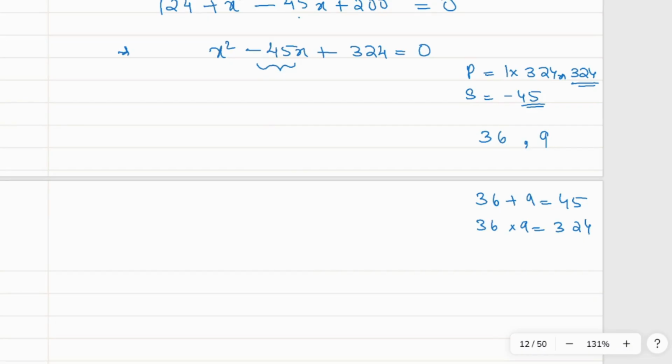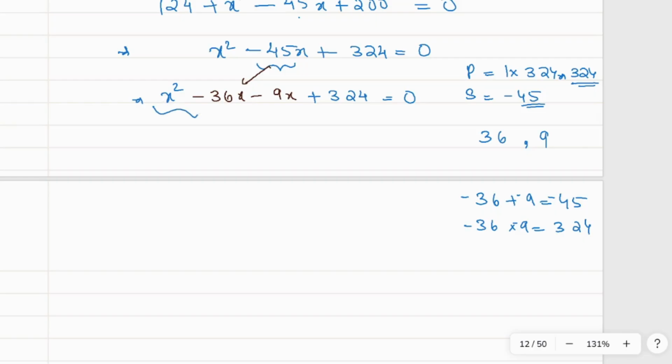If I want minus 45, minus 36 minus 9 will give minus 45, and minus 36 into minus 9 will give positive 324. So in the place of 45x, I will write minus 36x minus 9x, then plus 324 equal to 0.